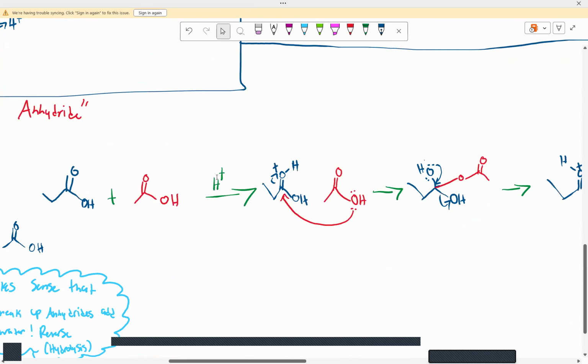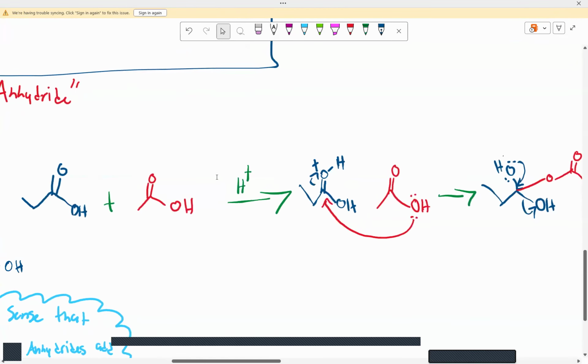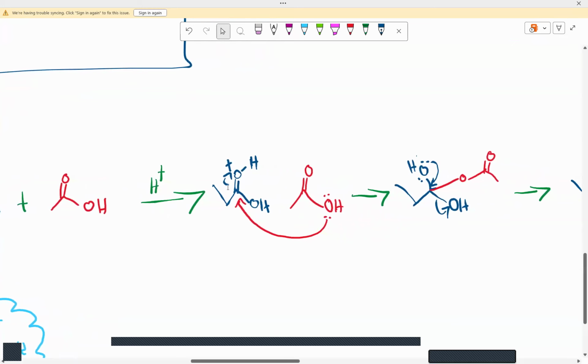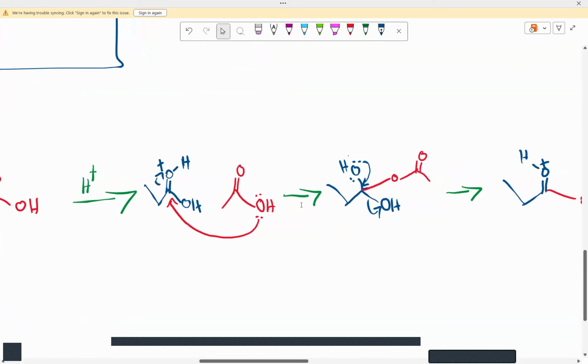And then I sort of have a mechanism here for how anhydrides are created. So I have my acid catalyst, then that makes this carbon of the carbonyl even more susceptible to a nucleophilic attack. And then as a result, the double bond between that oxygen and carbon will break, and the lone pair will be on that oxygen again.